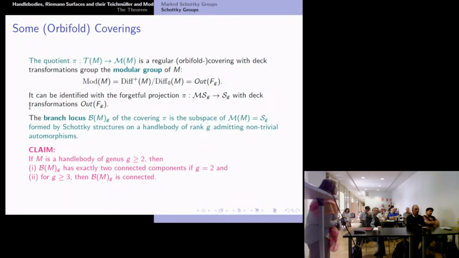And of course we have this universal covering, and as always in orbifolds we have the branch locus, which is the one where we have branches, and this has happened for Riemann surfaces. Also the branch locus is given by those Schottky structures on the handlebody that admit non-trivial automorphisms.